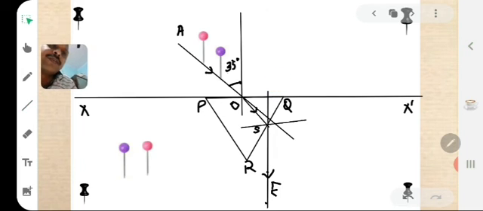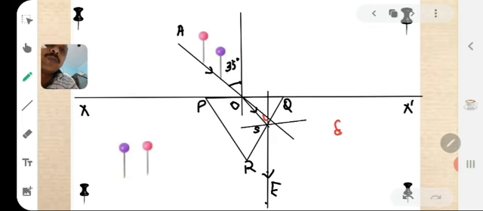Okay, so the angle that is formed between the direction of the incident ray and the emergent ray, this particular angle is the angle of deviation, and this is denoted by delta. So this is the angle of deviation.